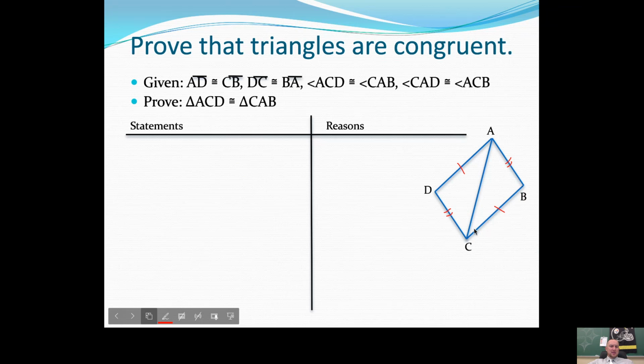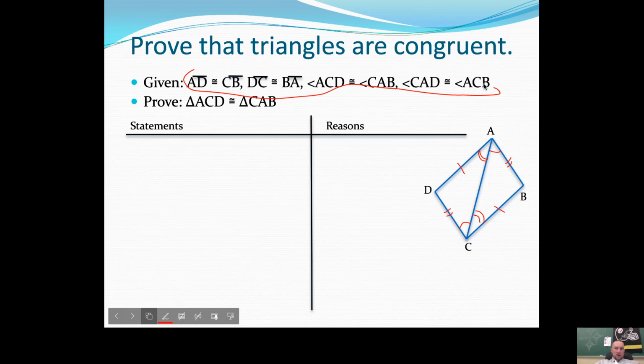Also, angle ACD, that's this angle, is congruent to angle CAB, that's this one. Angle CAD, that's this one, is congruent to angle ACB, that's this one. Then again, I'm using different arcs here than I did there because those aren't necessarily the same.